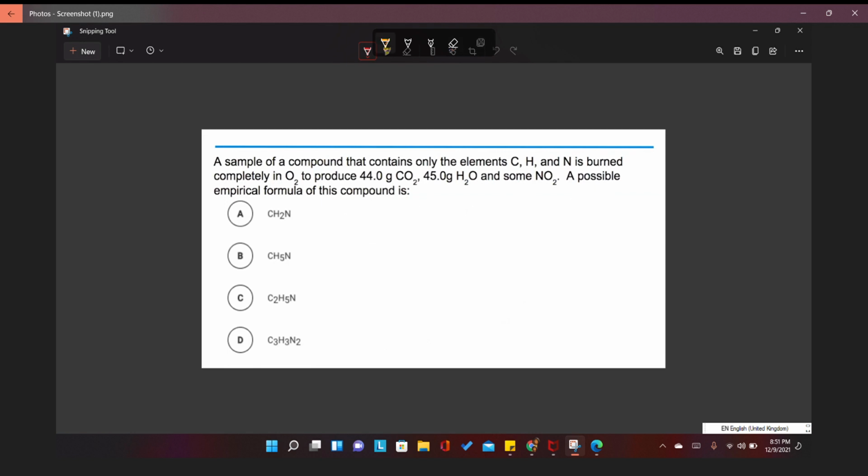Okay, and then we're moving to H2O. We said that we have 2.5 moles of H2O. Now, mind you, we are looking for H, not H2O, and it's asking us to determine the empirical formula. So what you do is you take 2.5 moles of H2O. I already wrote it down, but I'm going to write it again.